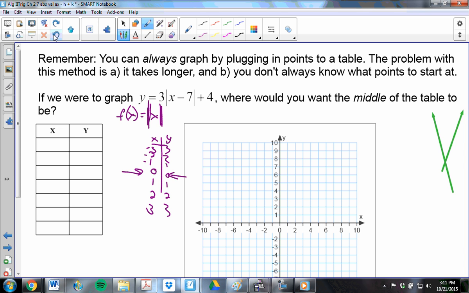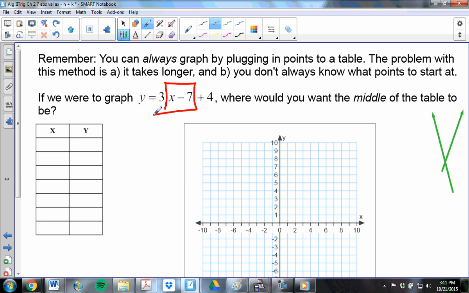So I don't want to put 0 in the middle of this table. What I want is to plug something into this table that makes this equal 0. I want this right here to come out to 0. If I can make this come out to 0, I'll have that reflection. So that really means I want to put a 7 in the middle of the table.